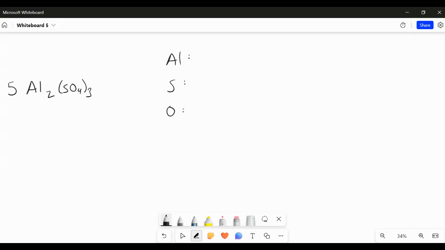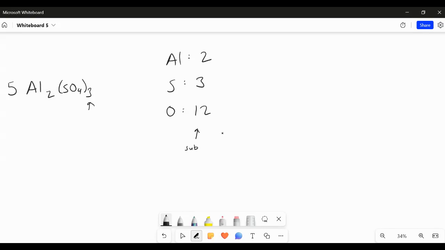Let's count up how many we have. We have 2 aluminums. We have 1 sulfur in the parentheses, but we have 3 copies of that from this 3 right here. So it's 3 sulfurs. We have 4 oxygens in the parentheses, and there's 3 copies of that, so that's 12. So again, these are from the subscripts.